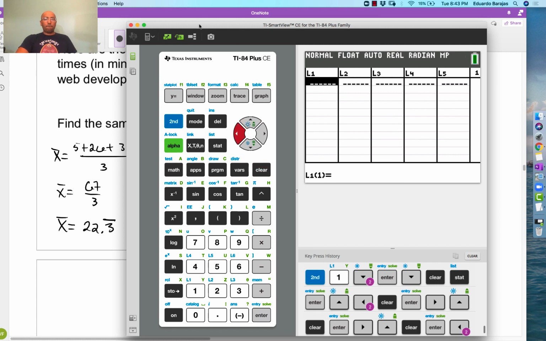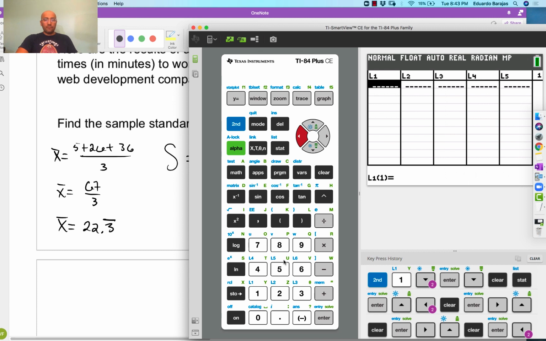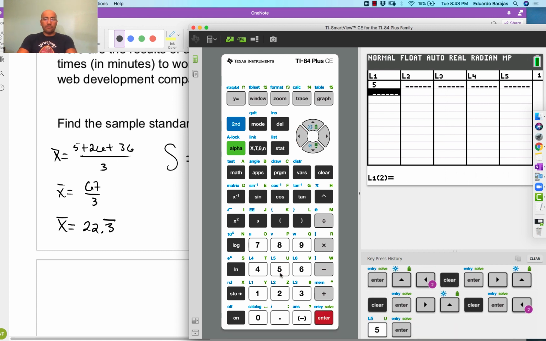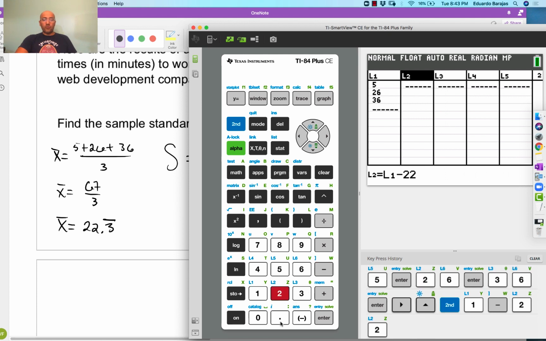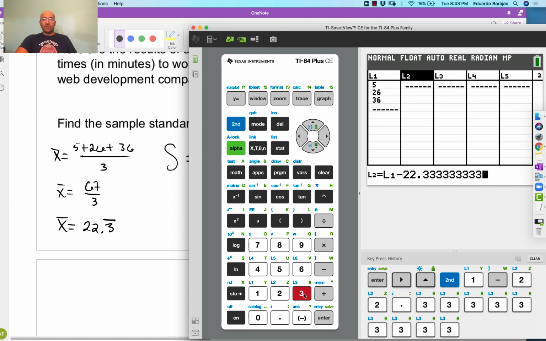And now I have 3 numbers, 5, 26, 36. Next I'm going to subtract, so L1 minus 22 point, and as long as I have my calculator, I can just put more decimals in there to be even more accurate. Hit enter.